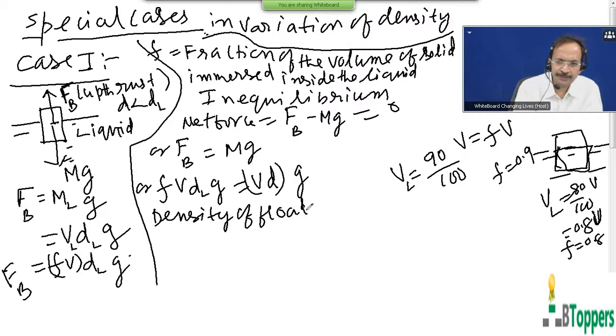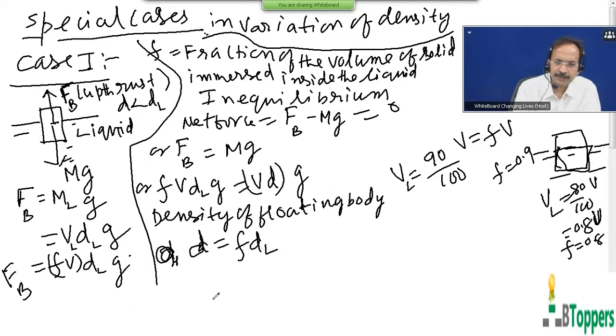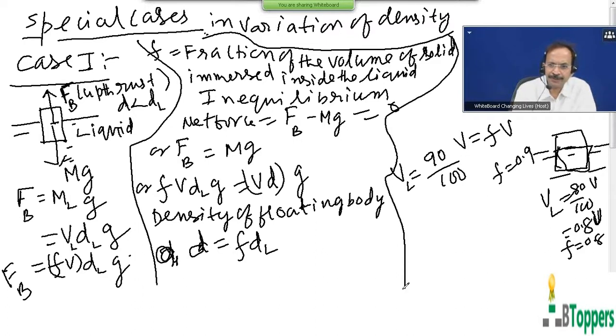density of the floating body, denoted by D here, equals F into dl. Suppose at one temperature T1, let F1 denote the fraction of the volume of the solid immersed inside the liquid.